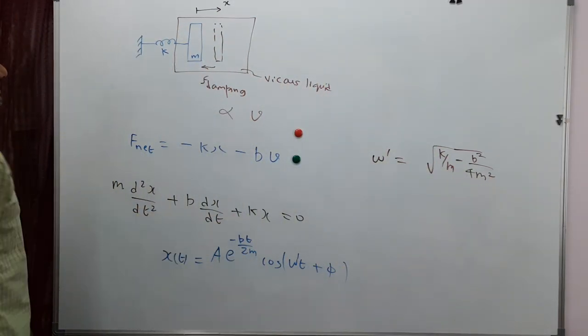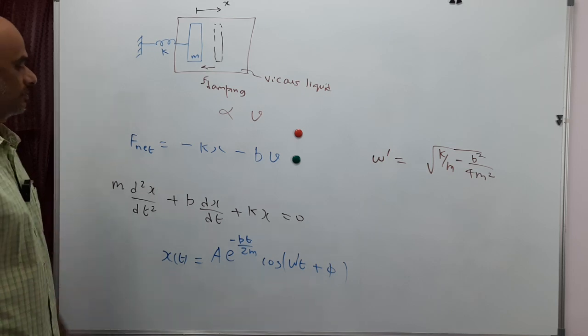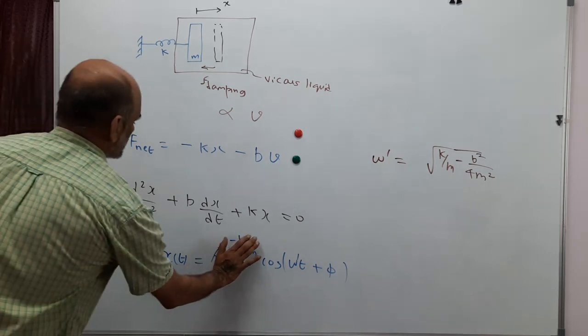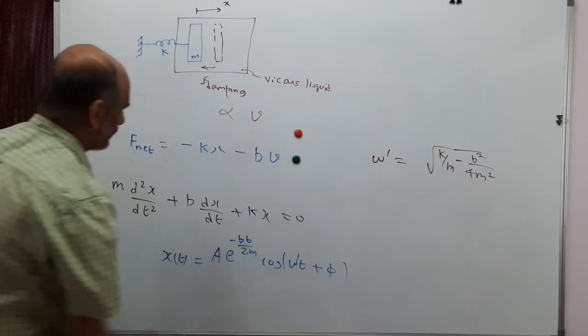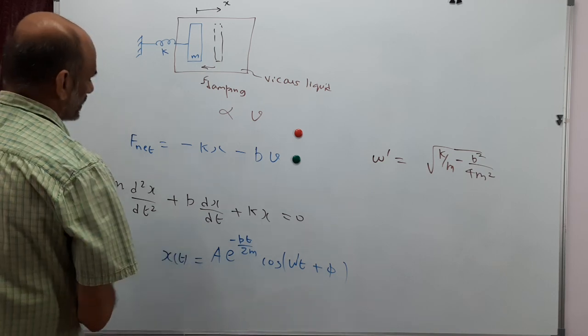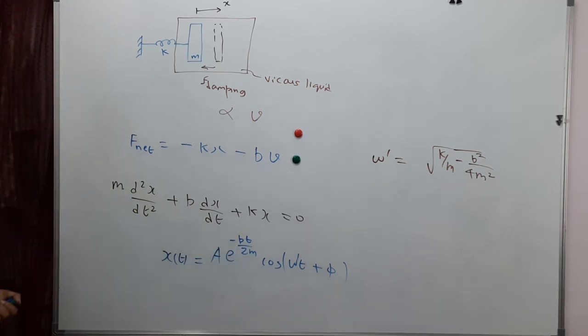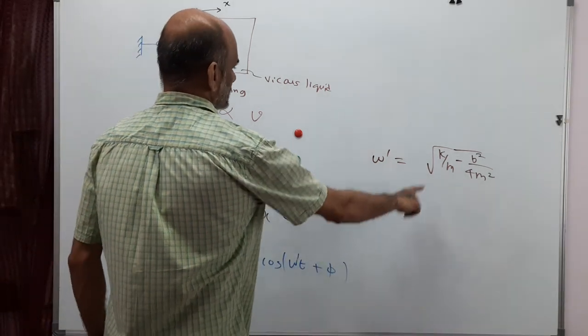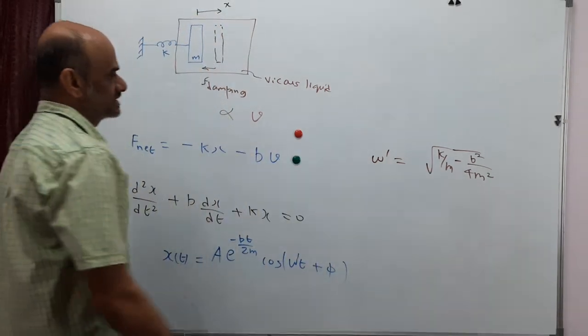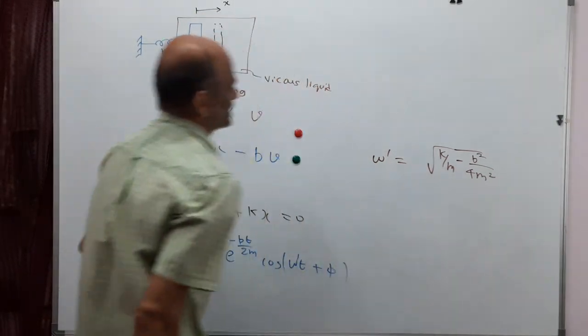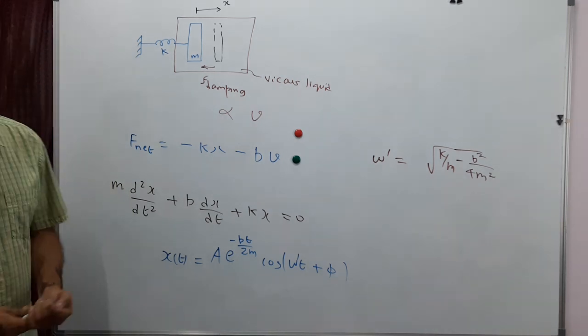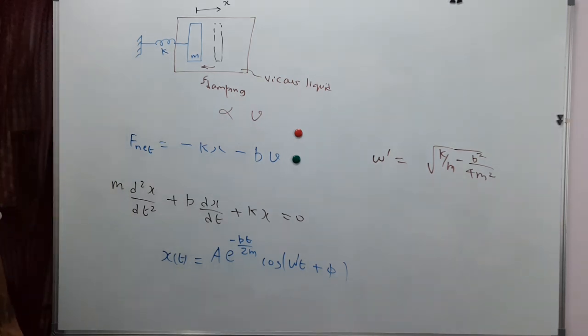Once we get this differential equation, the solution of this is of this form. SHM means the decay won't be there. But because of this damping, the amplitude is a decaying amplitude. And this omega prime is different from omega of a pure SHM, which is square root of k by m, by this extra term. So with these basic ideas, you can solve this JEE Main question.